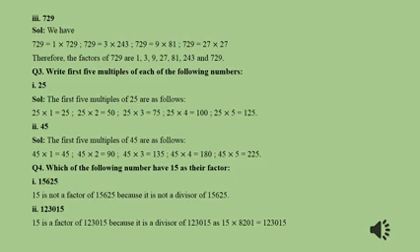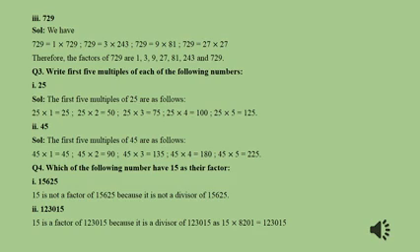Third part is 729. So in our solution, we have 729 is equal to 1 multiplied by 729. Also 729 is equal to 3 multiplied by 243. 729 is equal to 9 multiplied by 81. And 729 is also equal to 27 multiplied by 27.